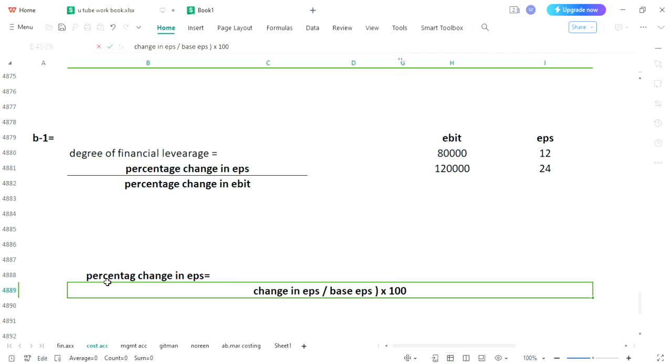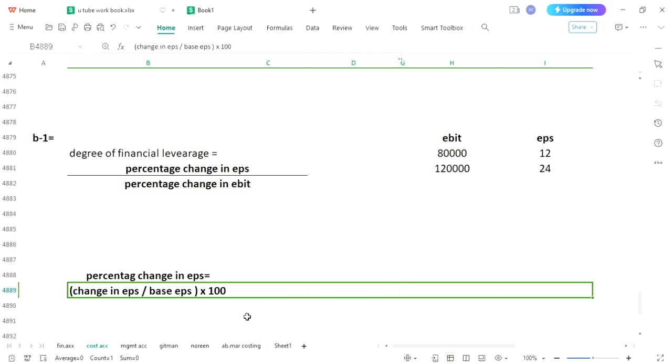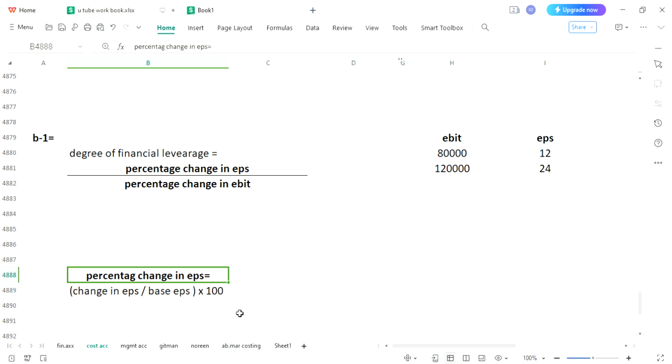So this way you can calculate your percentage change in EPS. At this stage our system is a little disturbed. Let's make it okay.